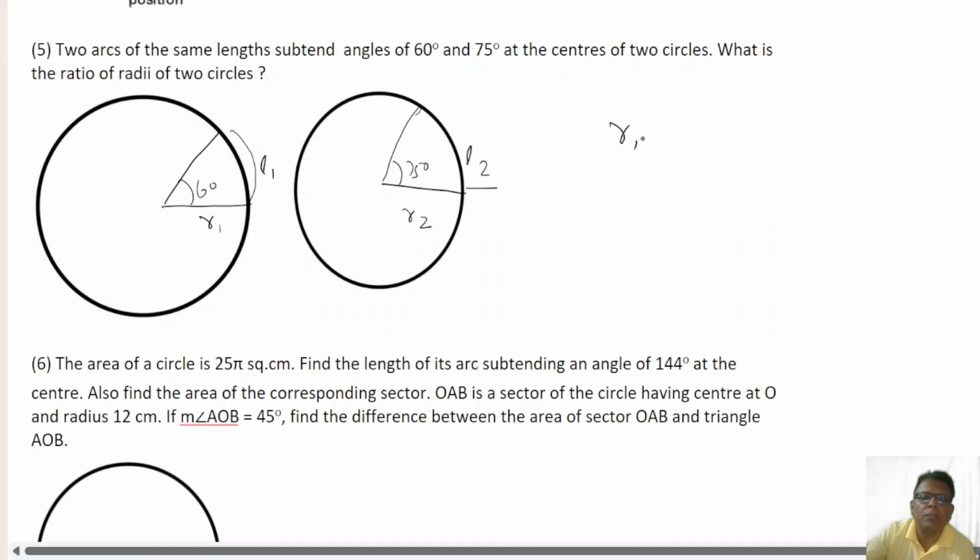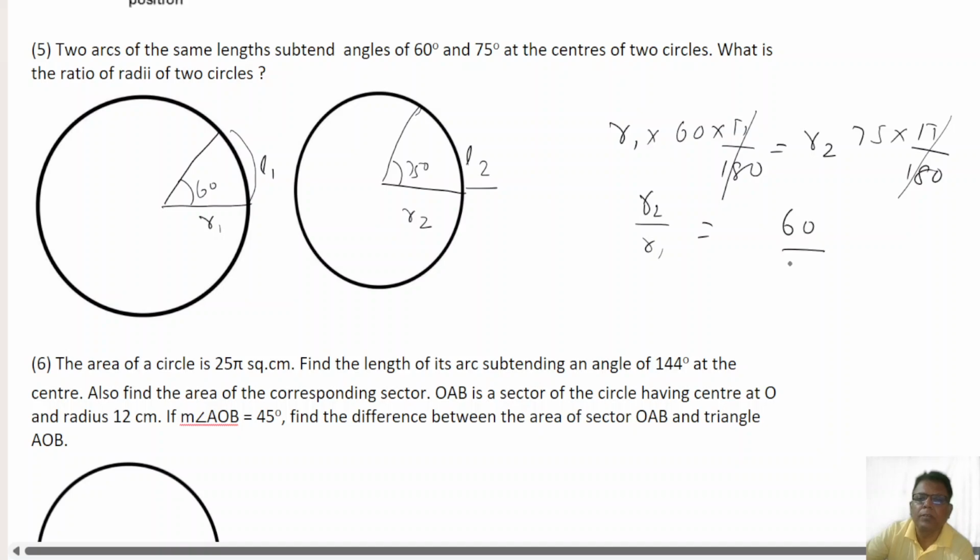So R1 into theta in radians, 60 into pi by 180, will be equal to R2 into 75 into pi by 180. So this gets cancelled, and R1 by R2 is equal to 75 by 60, which is 5 to 4. That is the correct answer.